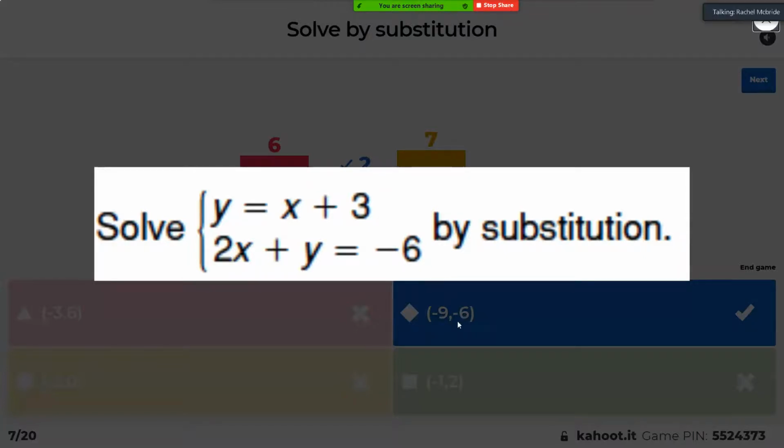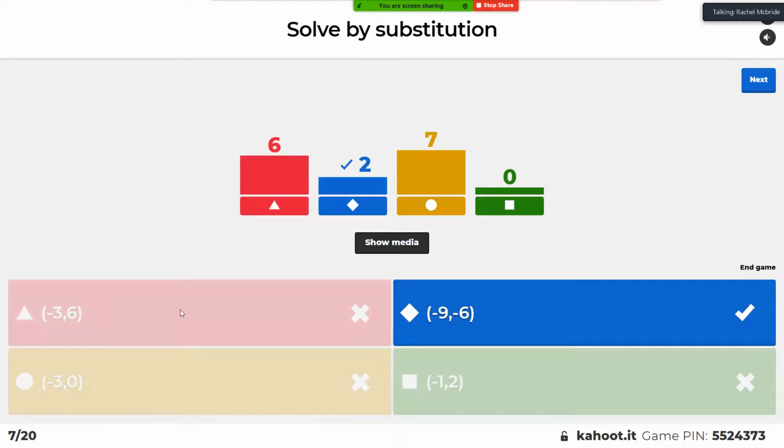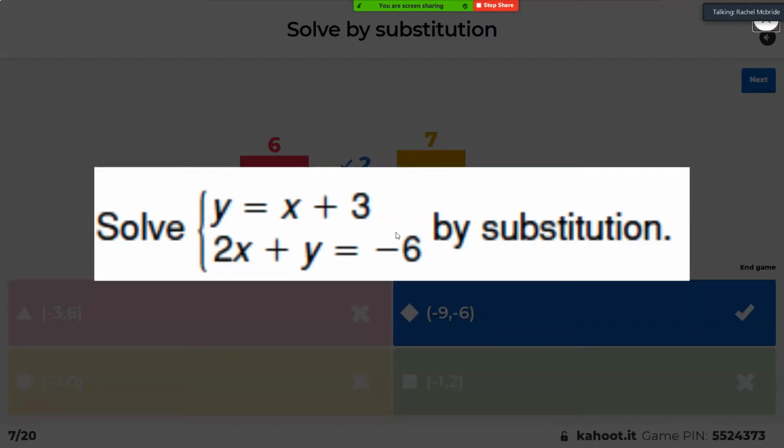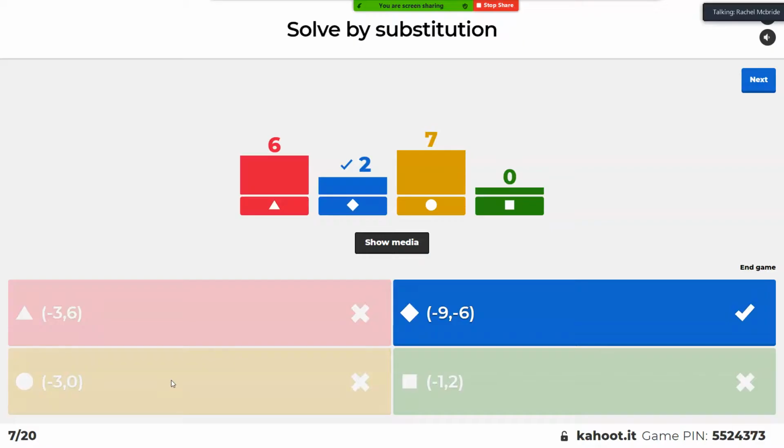Yeah, I don't know why their answer is blue. Sorry, kiddos, I may have clicked whenever. So it should be 3x equals negative 9. So x should equal negative 3. Which means it should be red. Actually, JK, it's yellow. I just saw the negative 3. It's yellow.